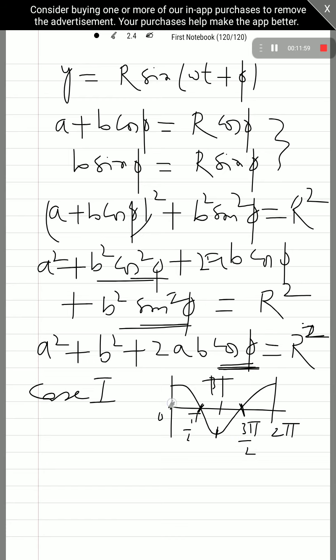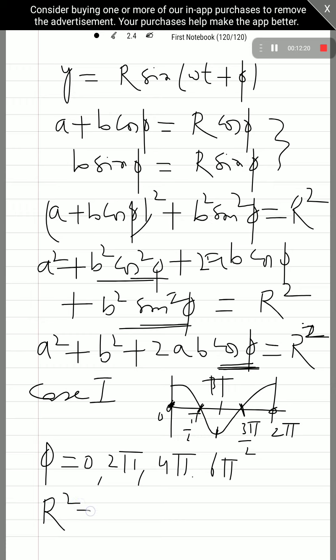So at phi equal to 0, 2 pi, 4 pi, 6 pi, at all these values, the cos quantity is 1. So cos phi will be 1.